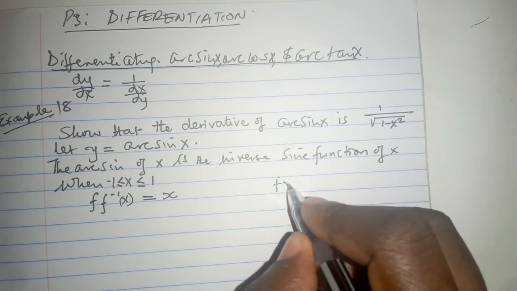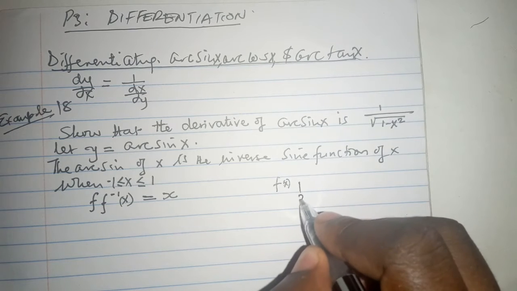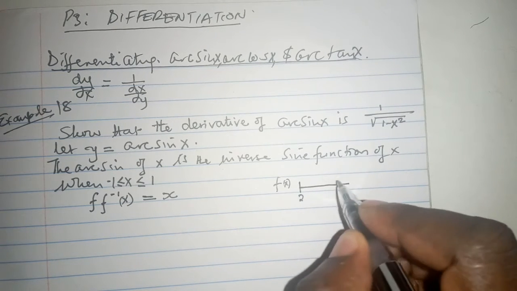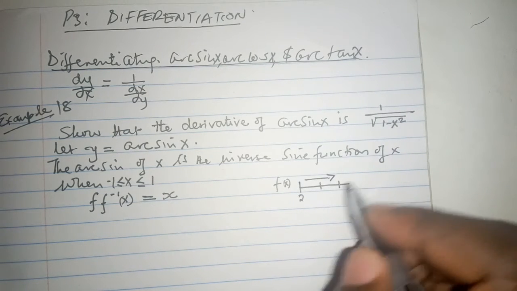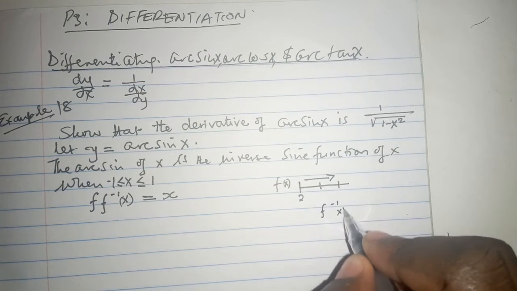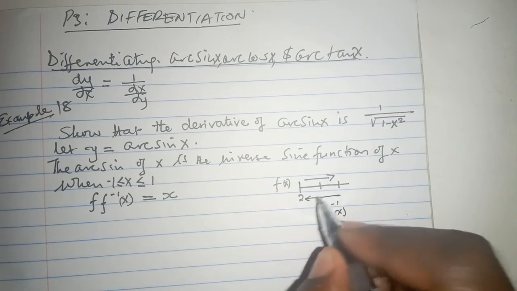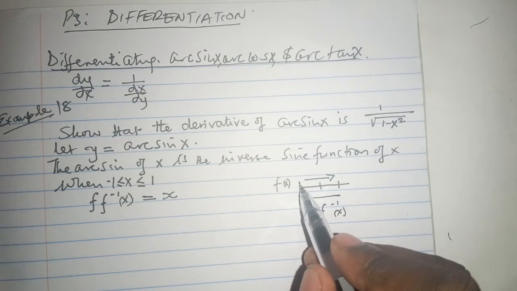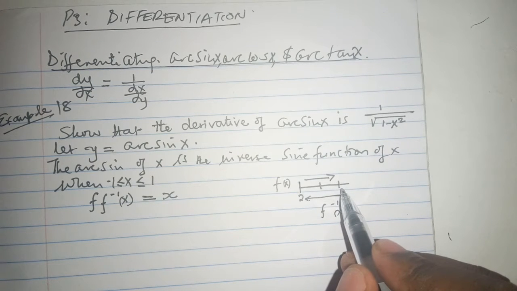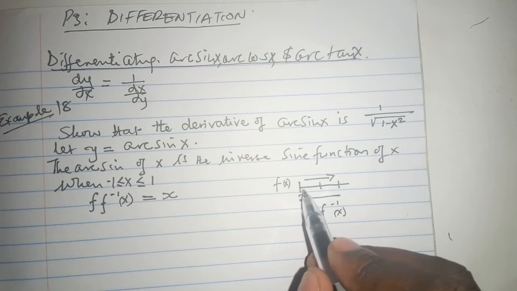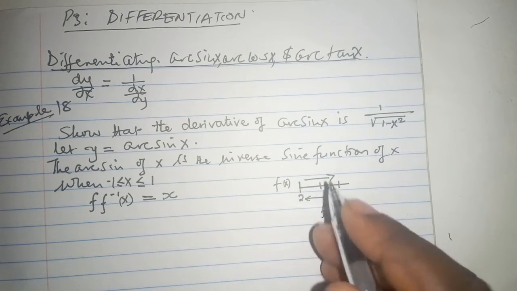When we have a function of x, and let's say we are starting from a point 2, and the function of x is 2 steps to the right, then the inverse function of x is 2 steps to the left. So if this was our starting point, the function demands that we go 2 steps to the right, 1, 2, and the inverse function demands that we go back from this point 2 steps to the left, 1 and 2. It means taking us back to where we began.